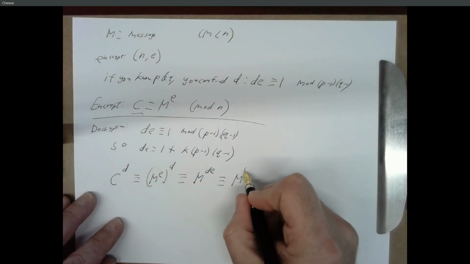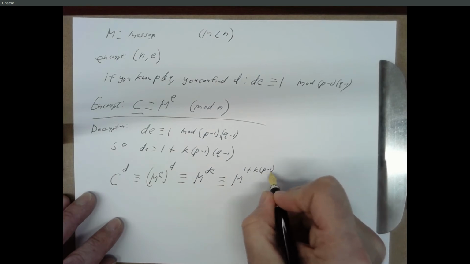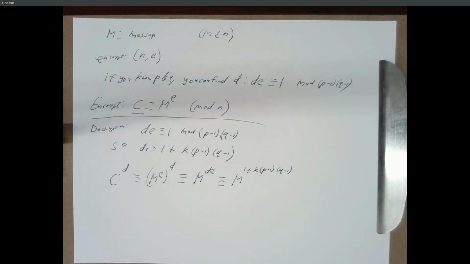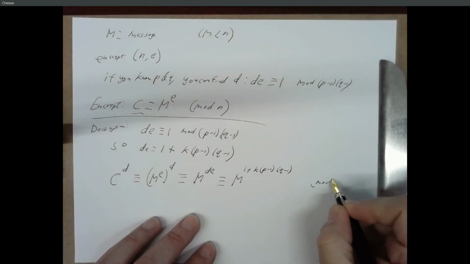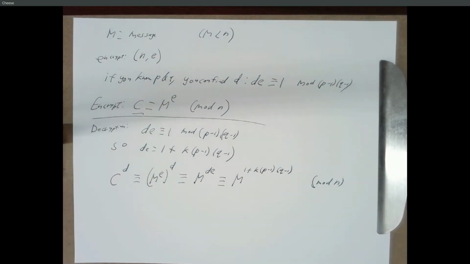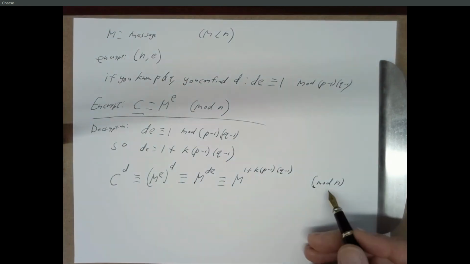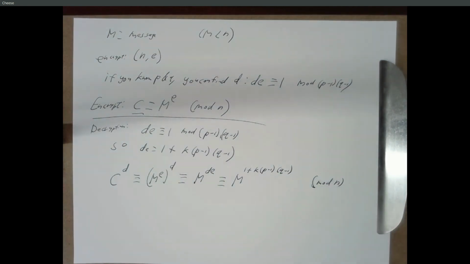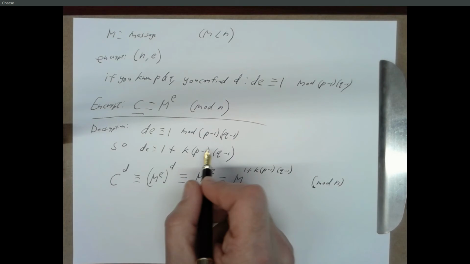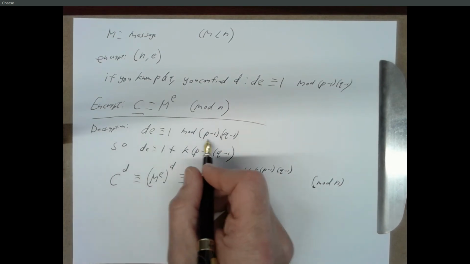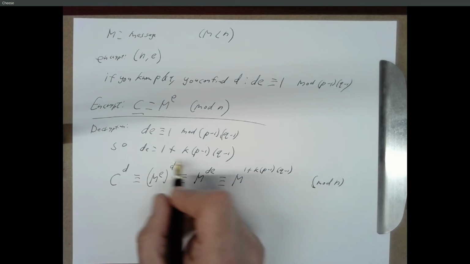So this is M raised to the 1 plus K times p minus 1 times q minus 1, and I'm doing all of this modulo n. So they send me some encrypted text C. I'm going to raise it to the power D, and I'm going to reduce it modulo n. And the claim is that's going to bring me back to my original plain text. Since DE is congruent to 1 modulo this, it means DE is 1 more than a multiple of this, so it's equal to some multiple of this plus 1.